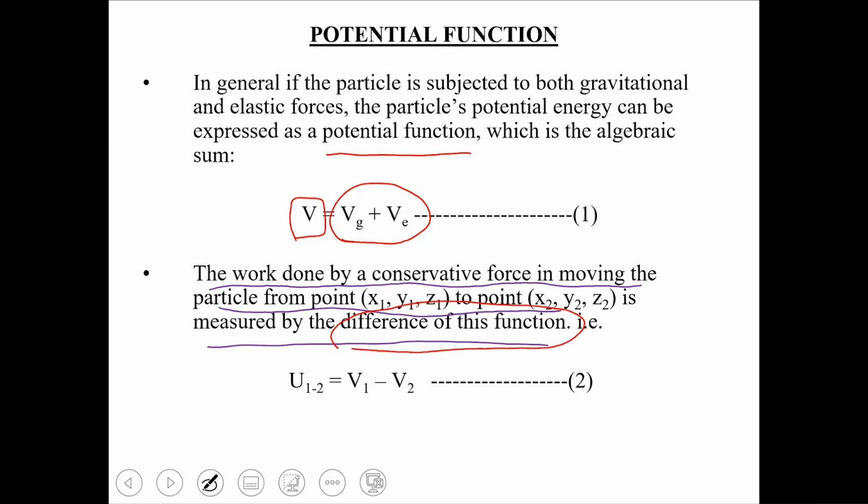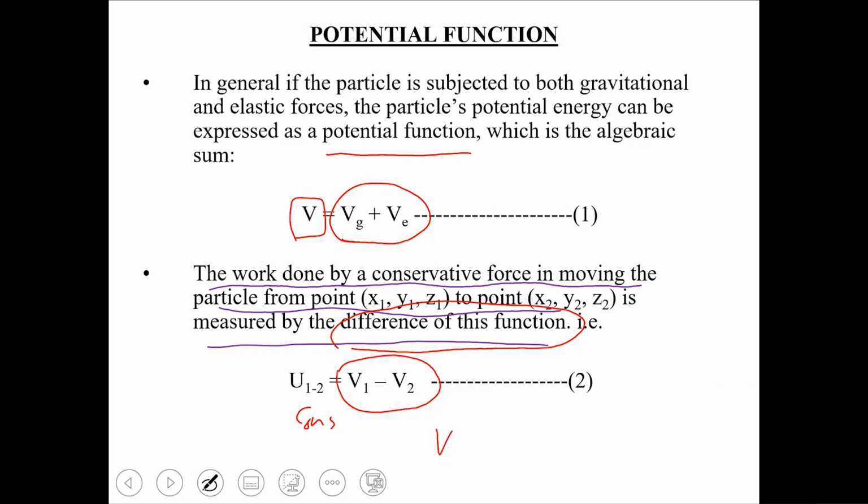So the work done by the conservative force in moving a particle from position 1 to position 2 can also be measured by the difference in the potential functions at position 1 and position 2. That is, U1-2 conservative can be written as V1 minus V2.